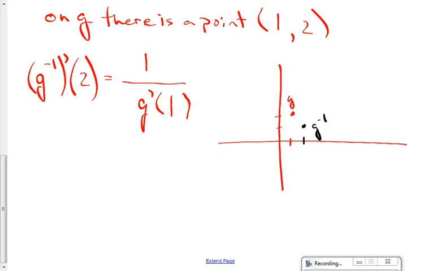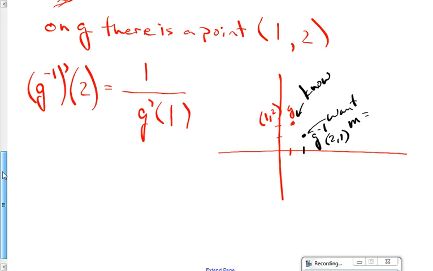I want the slope at that. This is 2, 1. This is 1, 2. I need to put a 1 in order to find the slope at G. I reciprocate it to get the other slope. Kind of.